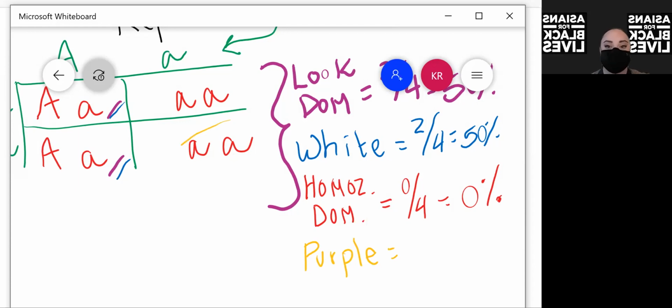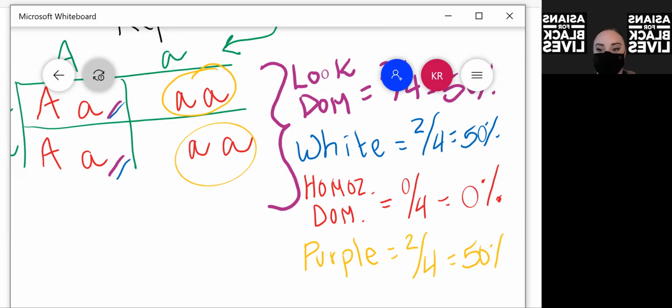Okay, 1/2 again, right? So here and here are purple ones. They're homozygous recessive. So 2 out of 4, 50% chance. Again, it's not saying that 50% of the offspring will look purple. It is saying every single time these parents conceive, there is a 50% chance the offspring could look purple.